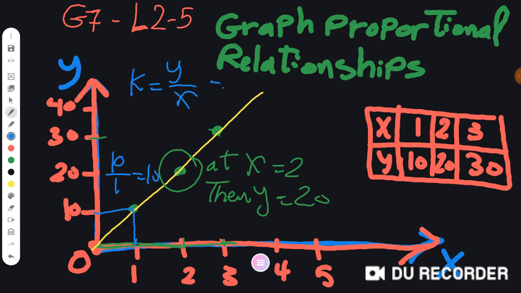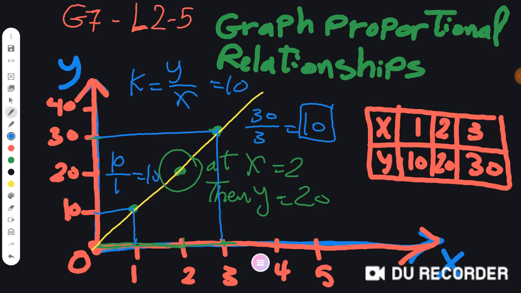So k equals 10. The constant is the same at any point. Let's choose 30: the point is 3, 30, and 30 divided by 3 equals 10. So k is always constant, which is the constant of proportionality.